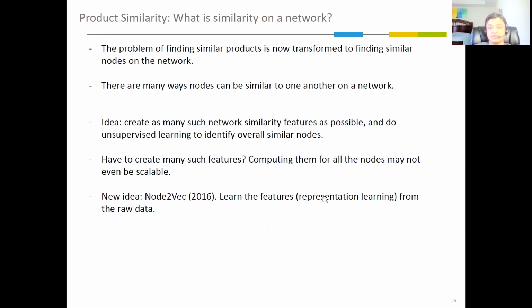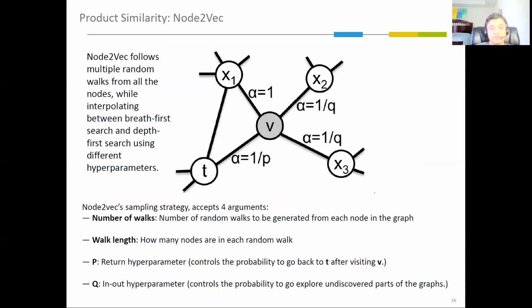In other words, you can learn the hidden representation of the data. Once you do that, you can compute the similarity in this new representation of the data. The similarity will be more rigorously defined. You do not have to handcraft any of these features, and hence your life will be much simpler. So that's the crux of this.